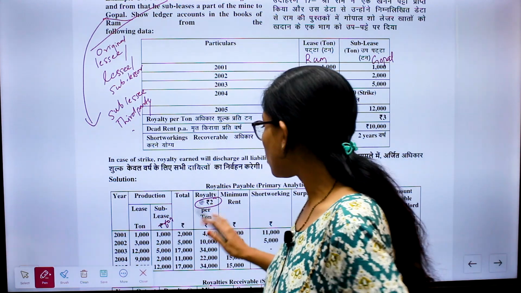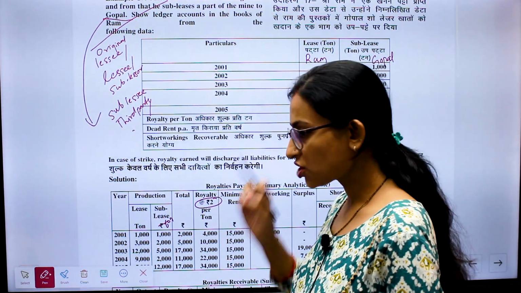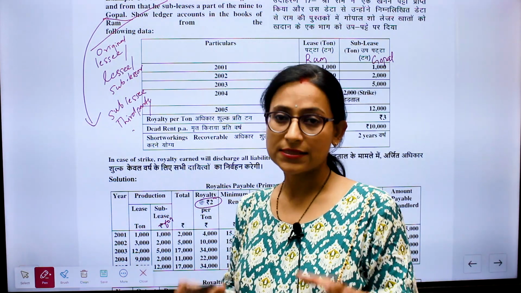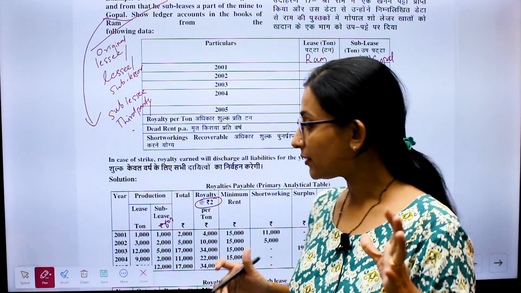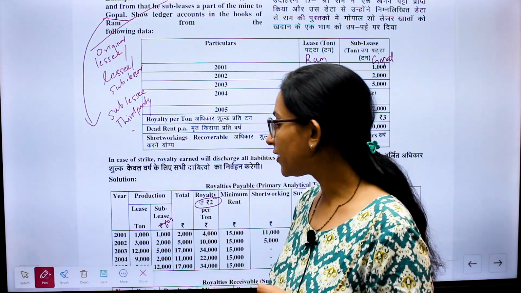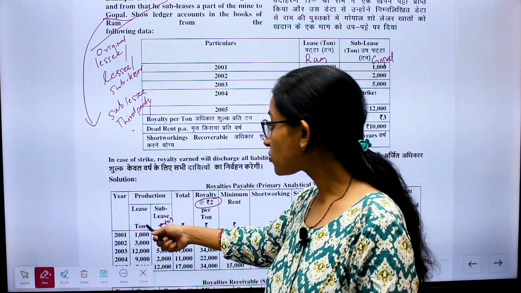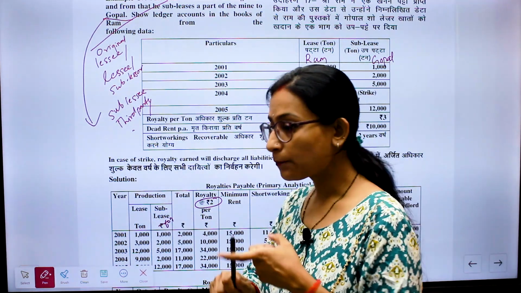So in the primary analytical table, the major point we have to consider while preparing it is that the ton produced which we record is not only of the lessee but also of the sublessee. We will add both the tons.